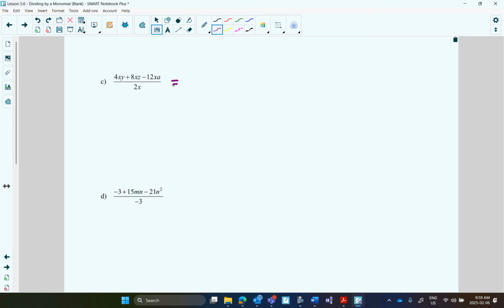And again, you can either circle them, just to remind yourself you have to do three divisions, or you can write them out. 4xy divided by 2x plus 8xz divided by 2x minus 12xa divided by 2x.